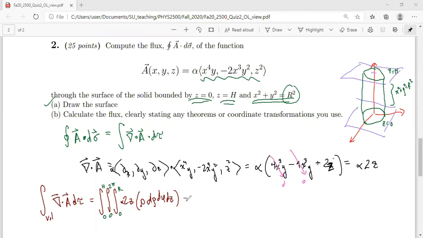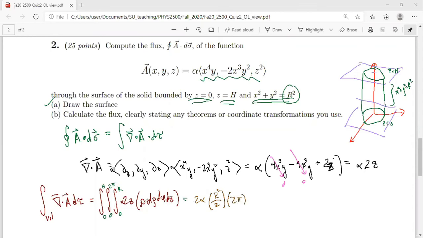And then that's not a terrible integral to take. So rho first, let's put the alpha out in front. z doesn't change with respect to rho, so we get a 1/2 rho squared evaluated at r and 0, so r squared over 2. And then the phi integral, I have nothing that depends on phi, so it's just 0 to 2 pi.